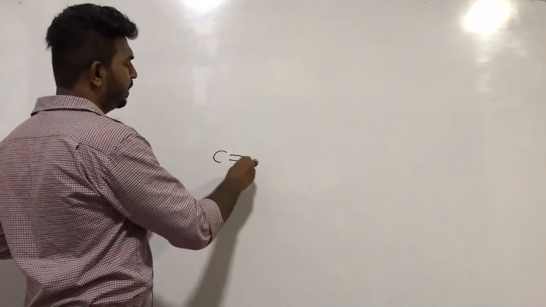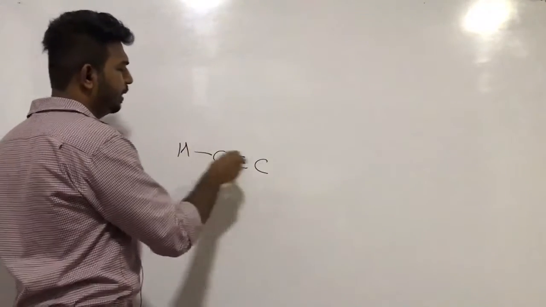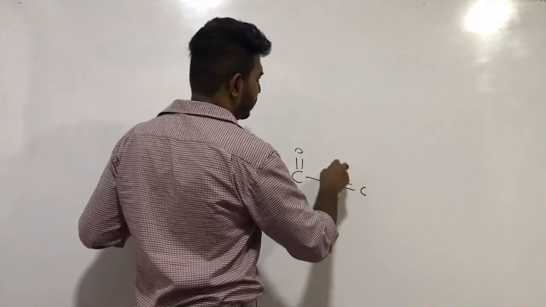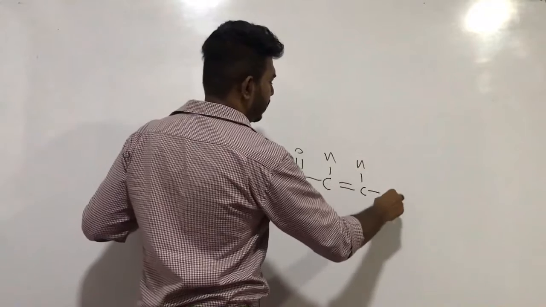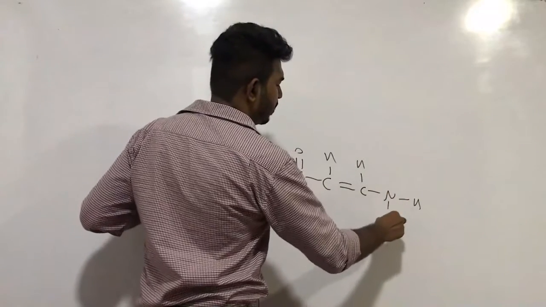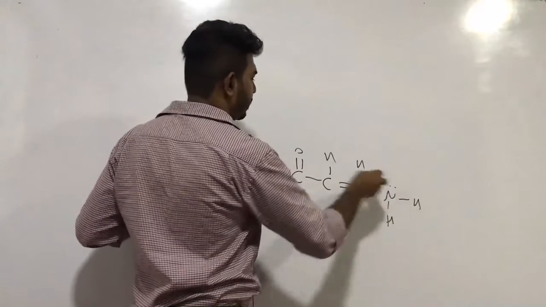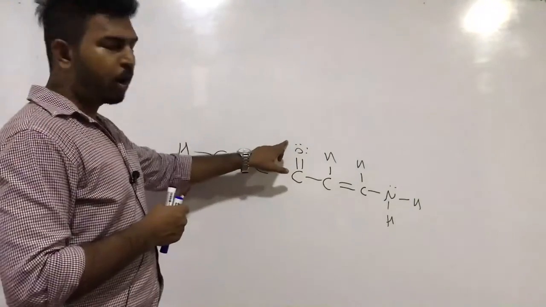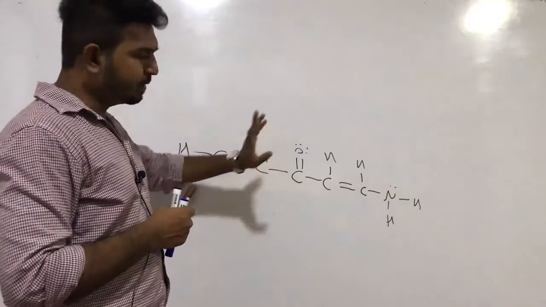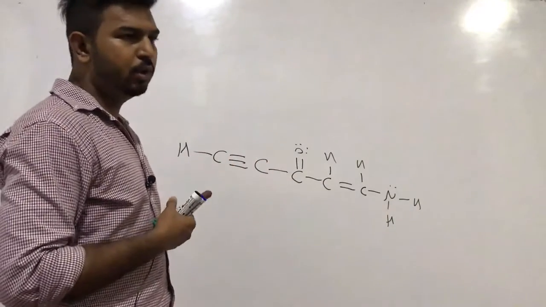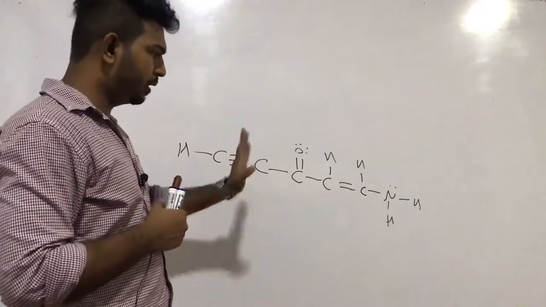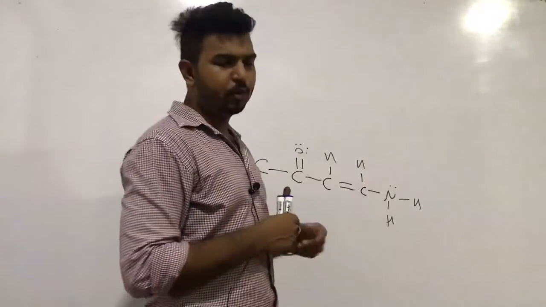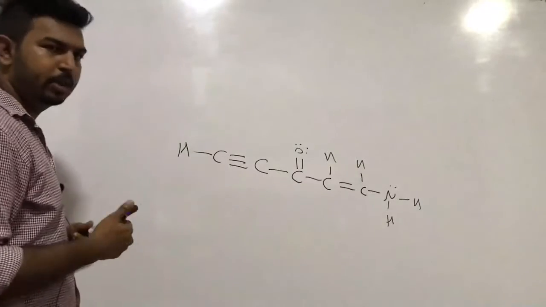So okay, let's draw this structure, this simple molecule. Don't worry about these dots. These are electrons. I'll teach you in the middle of this lesson how to draw the structure. Just draw the structure. There are 4 electrons and there are 2 electrons.